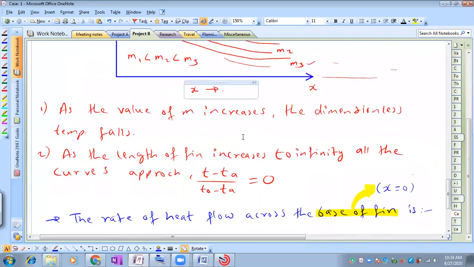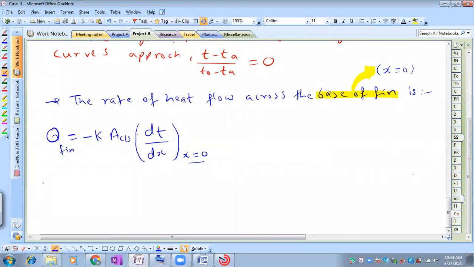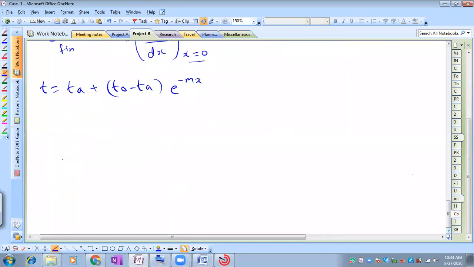So I can write T is equal to Ta plus (T0 minus Ta) into e raised to minus mx. I require dT by dx. If I take the derivative, the first term will be 0 as it is constant, and dT by dx is equal to minus m into (T0 minus Ta) into e raised to minus mx.